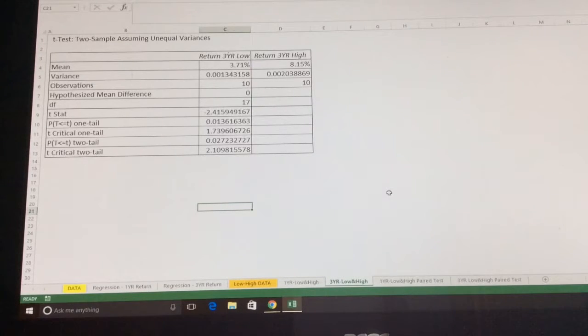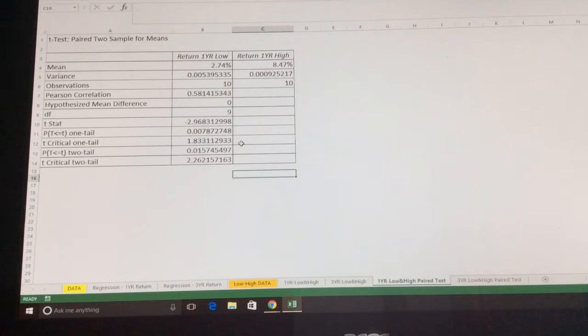Now, since we assumed unequal variances, we also wanted to run a test doing a paired two-sample for means, just to be sure we have accurate data here.